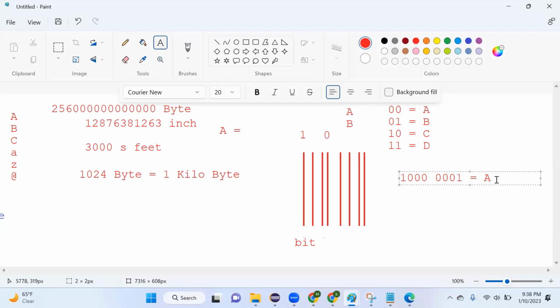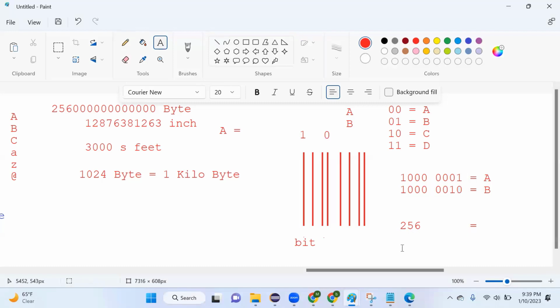And then again, 1000 and 0001, they called it B. You can combine 256 variations by using 8 bits. In 256 ways we can express the bits, so 256 combinations we can perform using 8 bits.